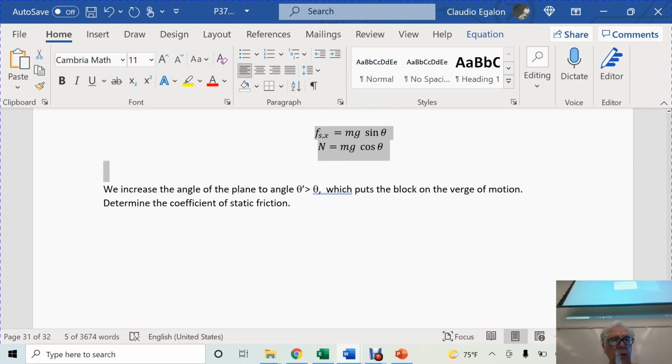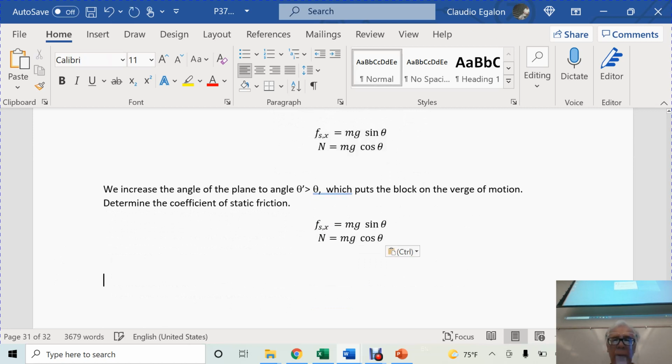Paste it here and change the angle from theta to theta prime. Okay, and we want to find out the coefficient of static friction.